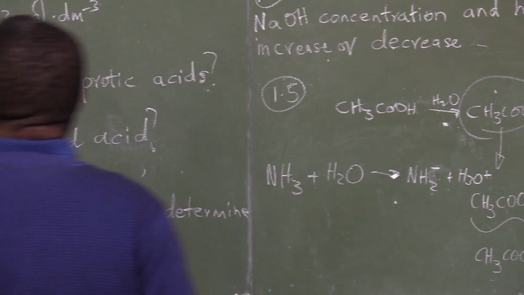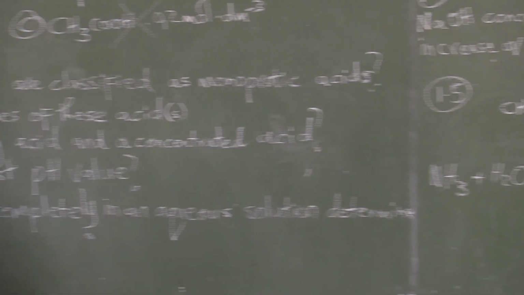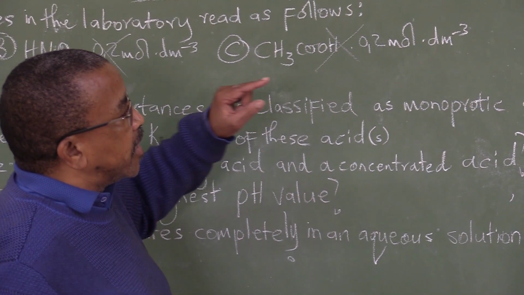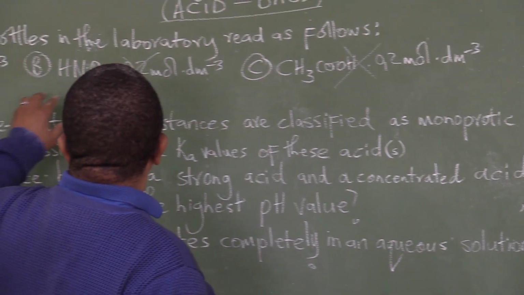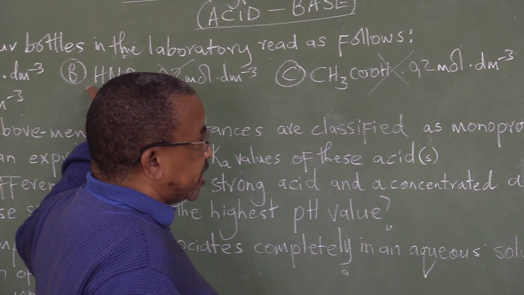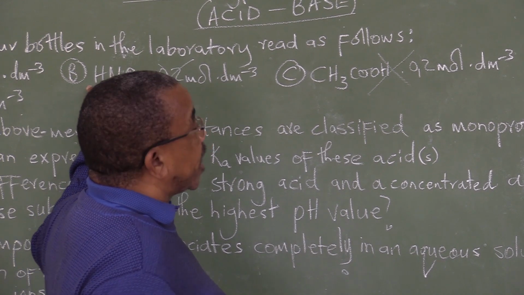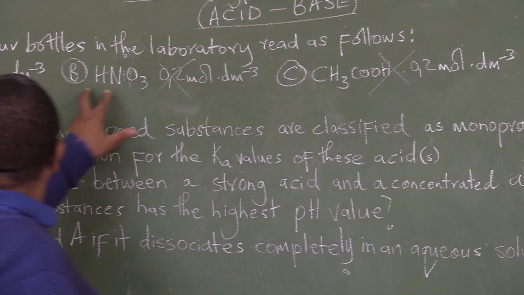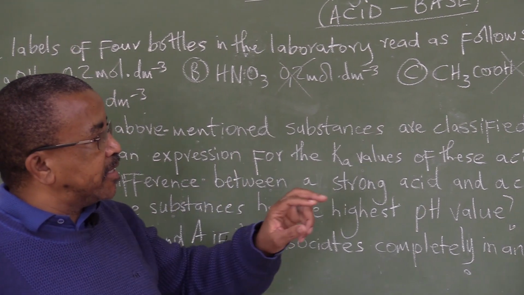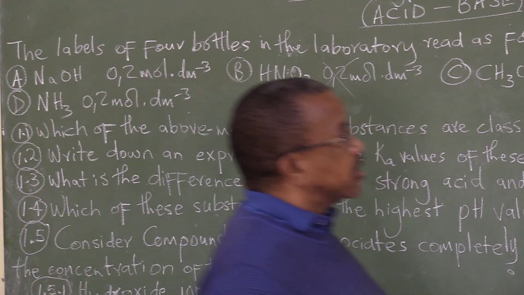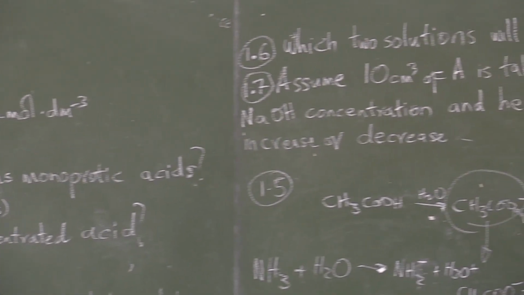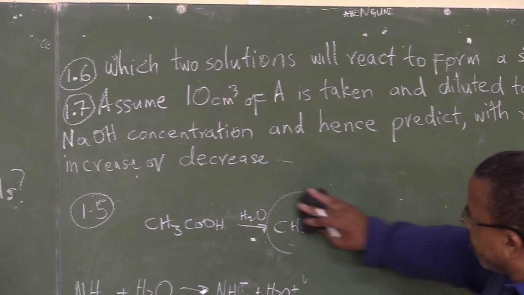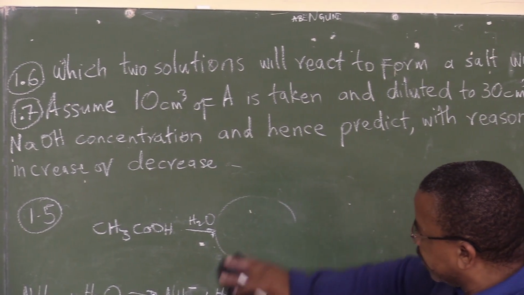So the two solutions that can react to form a salt of pH less than 7 are B, NH3 and HNO3, and D. These are the solutions that will give us a low pH, a pH which is less than 7.